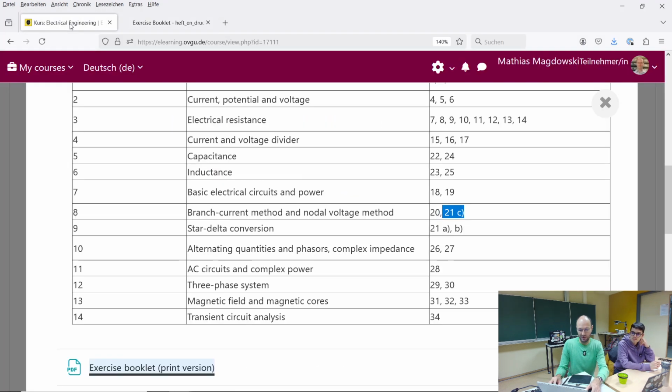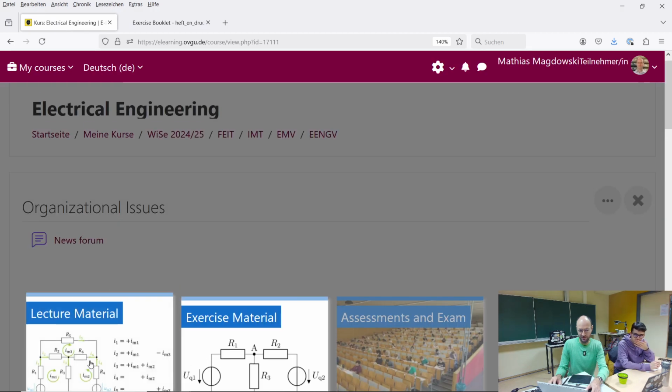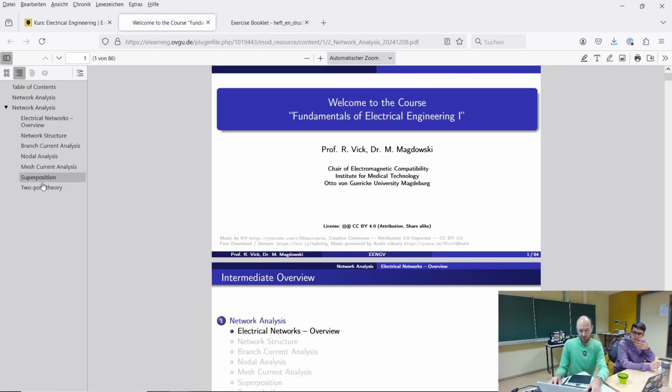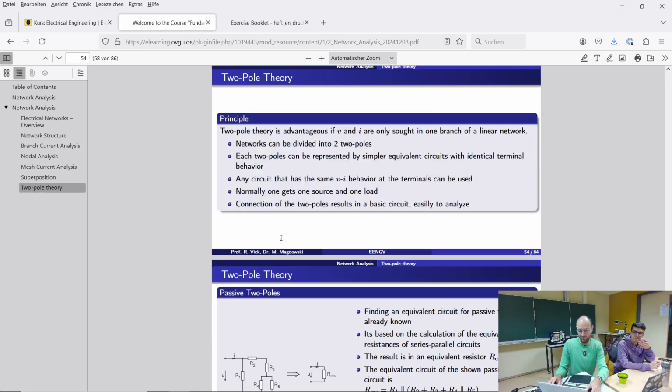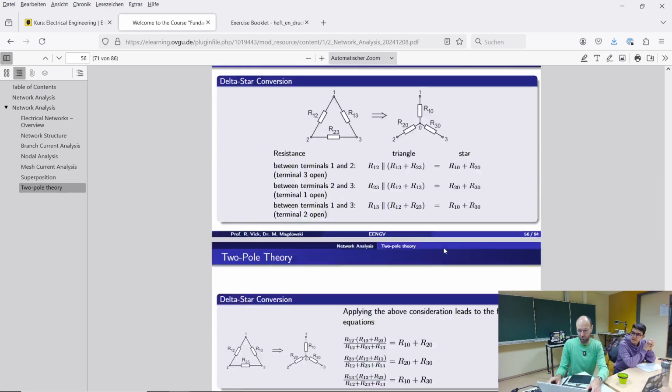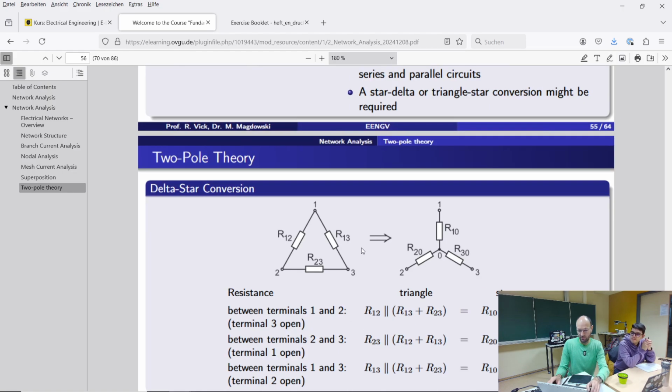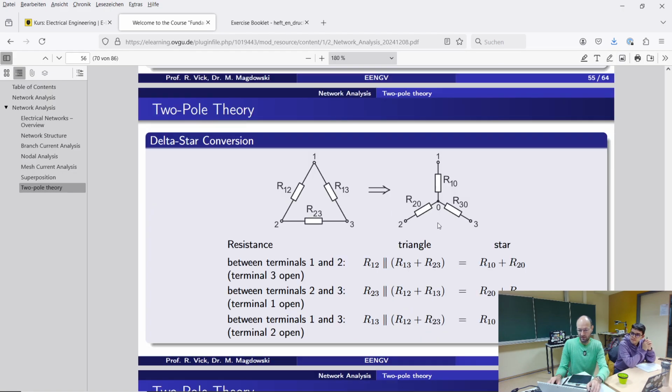We can check the lecture material, which should be somewhere here, and it was this chapter 2. So I will open up the slides. It's inside this two-pole theory. And so now we do conversion from a delta to a star.